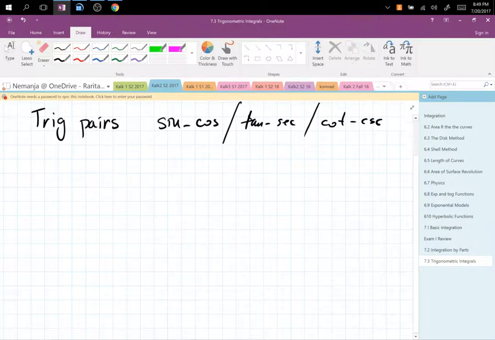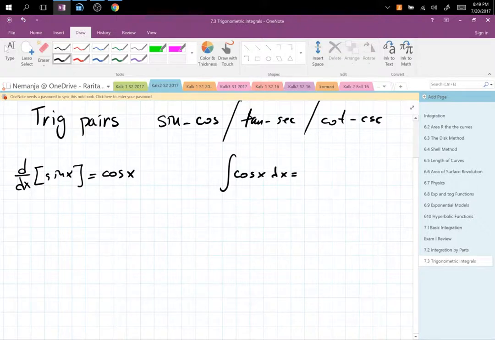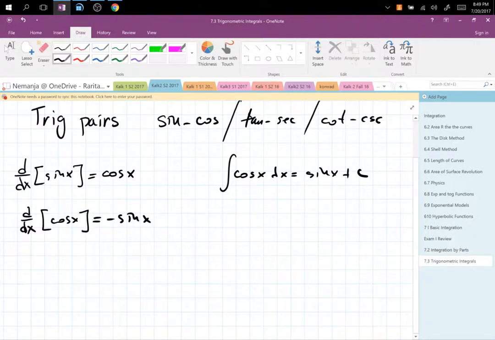And what that means is that the derivative of sine x is cosine x, which leads to the integral of cosine x dx is sine x plus c. The derivative of cosine x is negative sine x, which means that the integral of sine x dx is negative cosine x plus c.